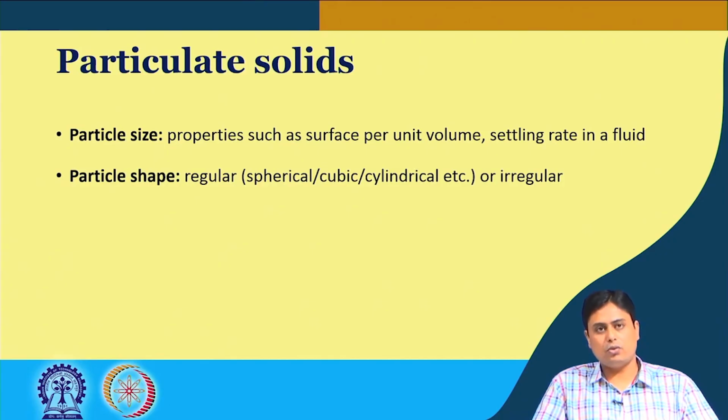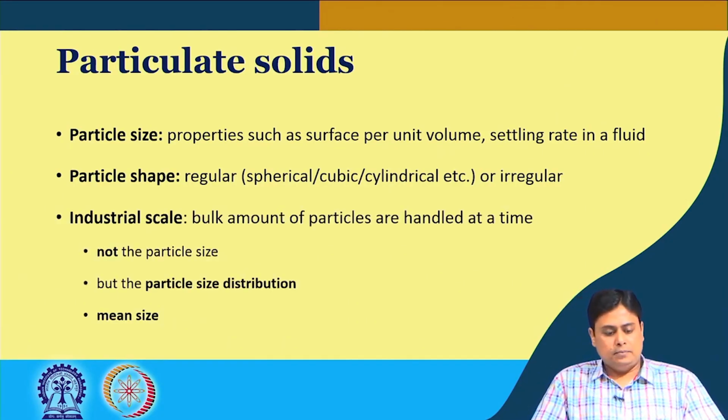For cylindrical ones, you have to define the radius and the height. But in case of an irregular particle, for example, a broken glass, a broken windshield of a car, those are irregular shapes. So, how do you define the size of such particles?